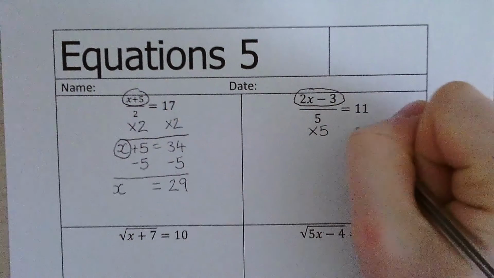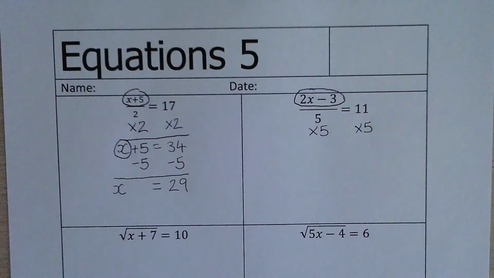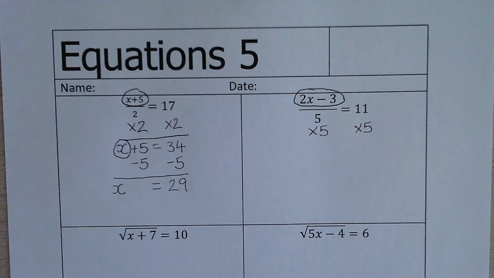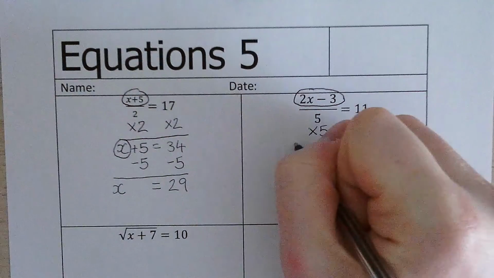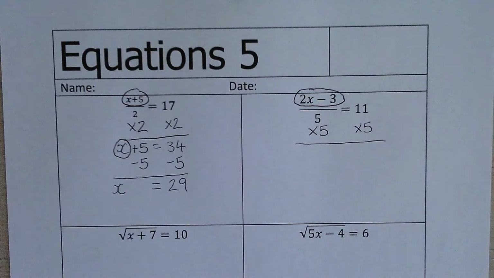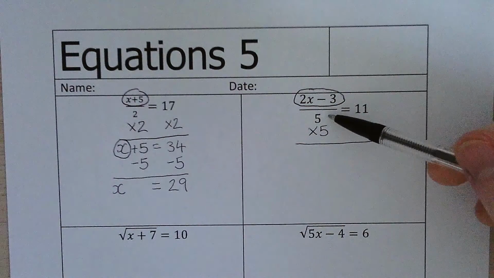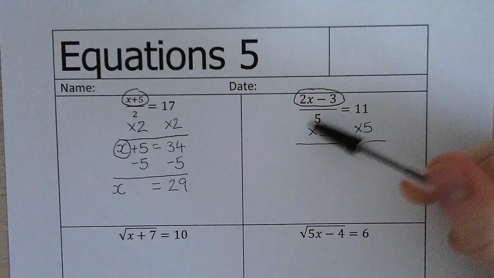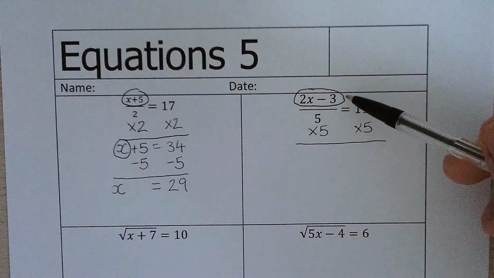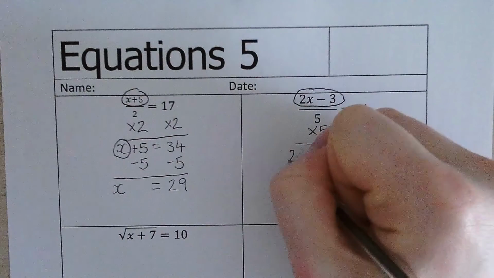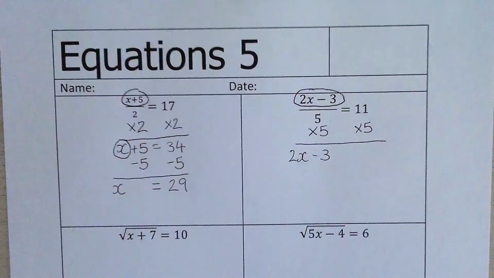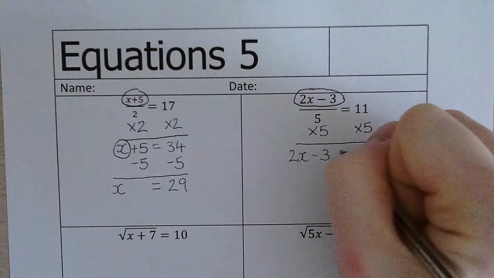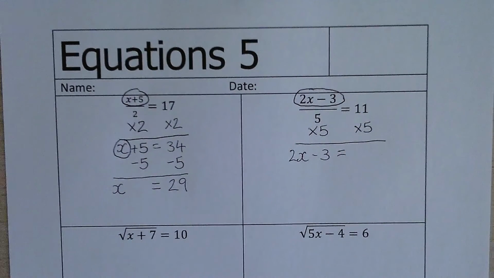Similar to the last question, this means I will multiply both of the sides, and we're multiplying by 5 this time because 5 was on the denominator of the fraction. 2x take away 3, divide by 5, times by 5. The 5's cancel each other out, leaving us with just the numerator, which is what we wanted. The equal sign drops down, and 11 times 5 is 55.